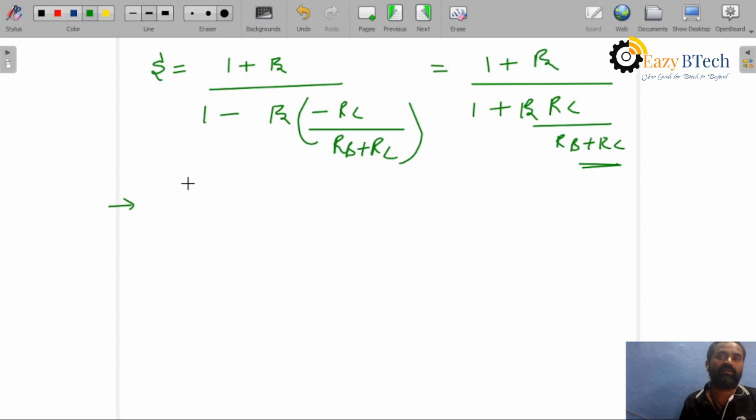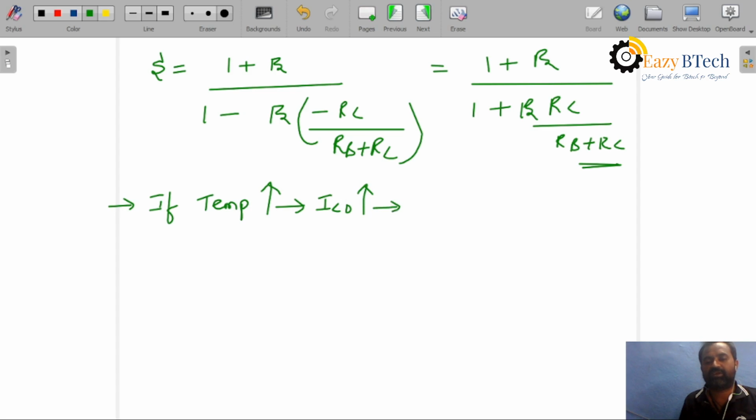As the stability factor is more, that circuit is unstable, whereas in this case, as RC increases, that is, if temperature increases, IC naught increases.